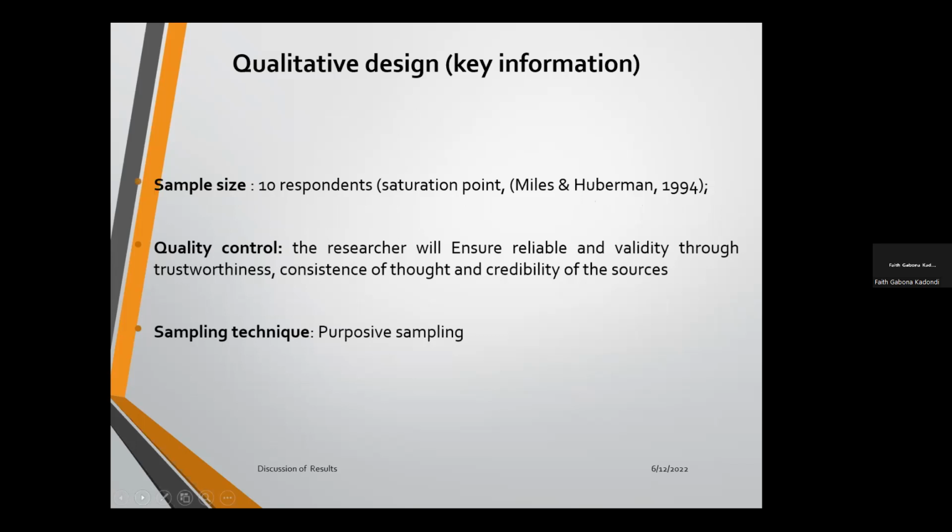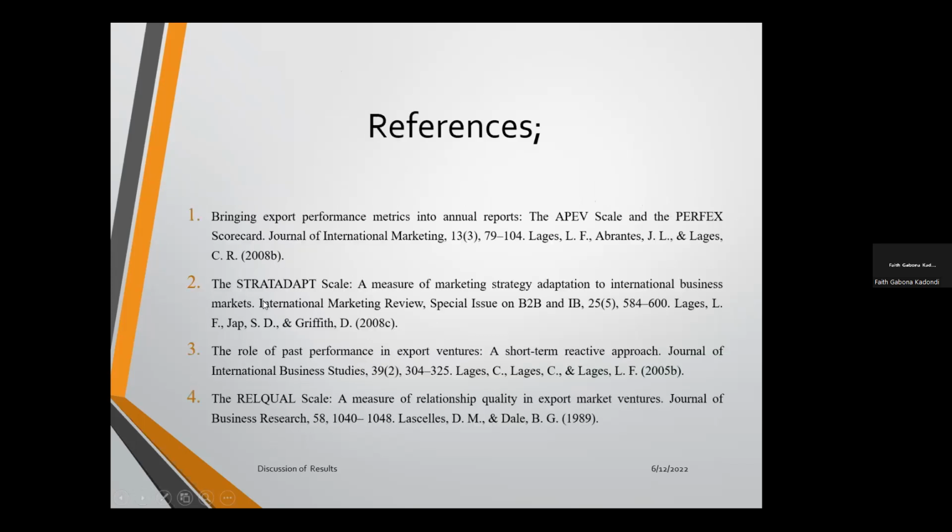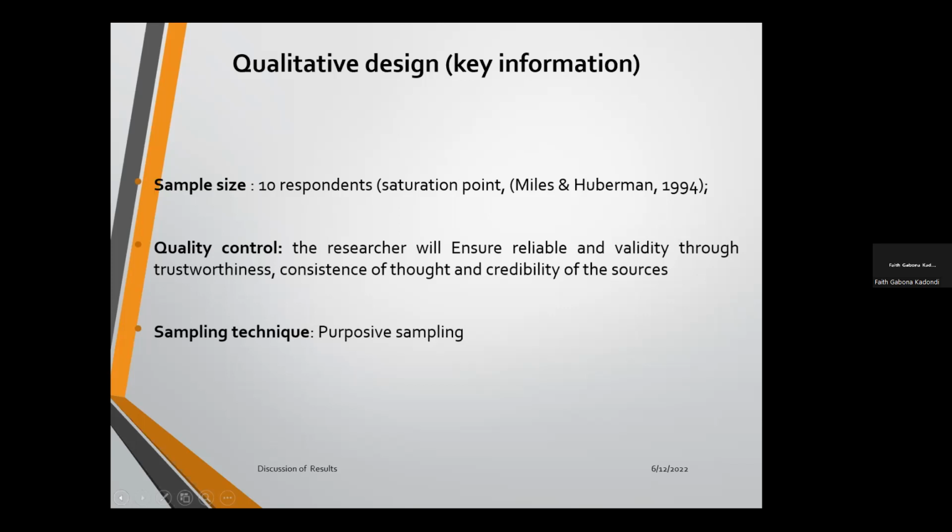Then for qualitative design, my sample size will be 10 respondents. And then for quality control, I hope to ensure reliability and validity of my data through trustworthiness and consistency of my sources.